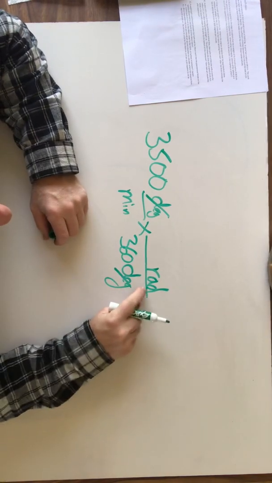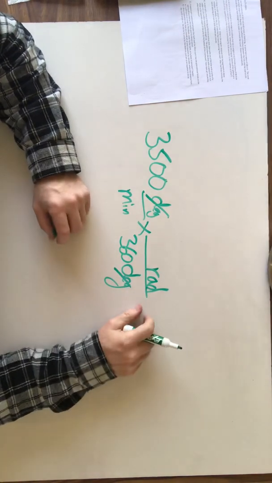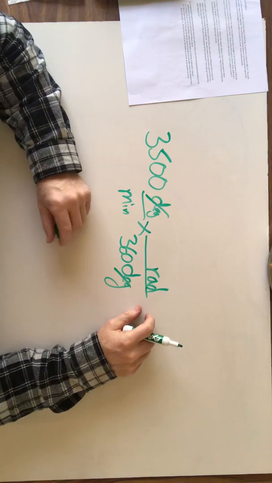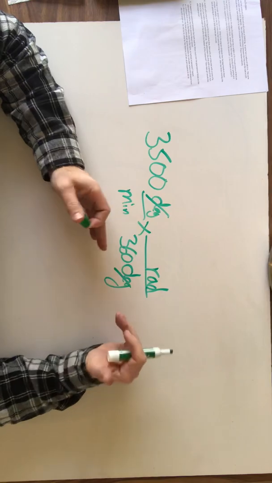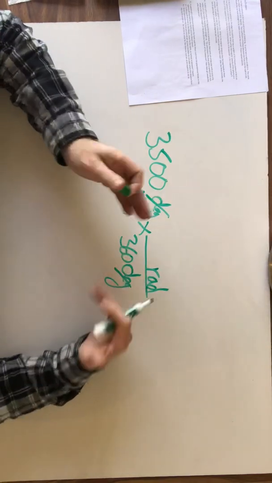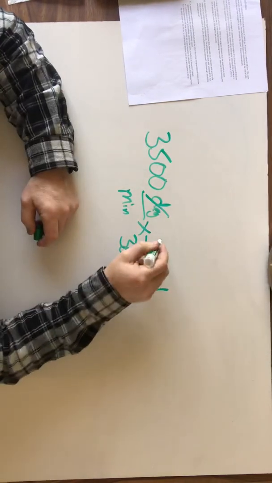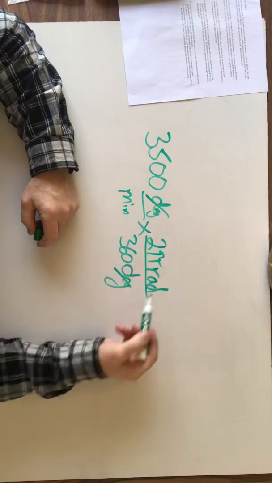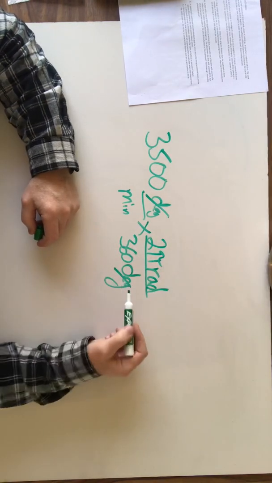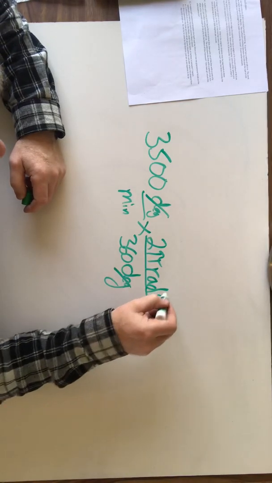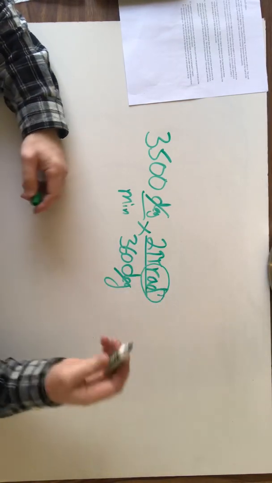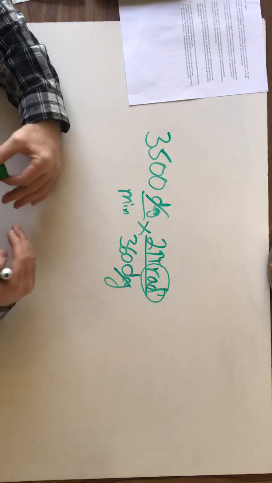You also know how many radians there are in a circle. Yes you do: 2 pi r means 2 pi radians. It's the same thing. There are 2 pi radians in one complete circle. So this is going to cancel out my degrees, leaving me with the unit radians, which is what I want. I want radians per second.